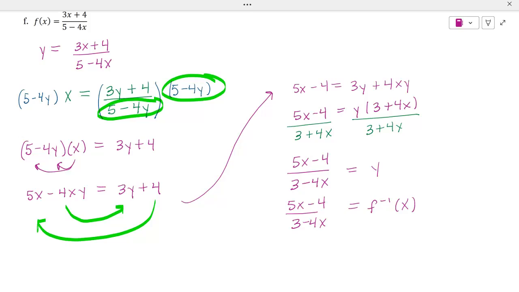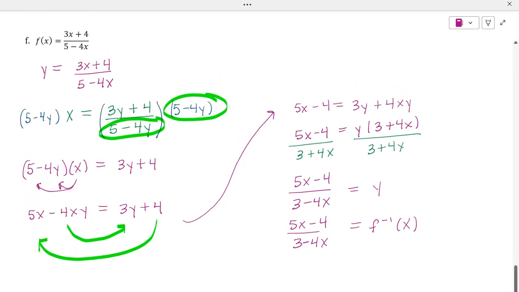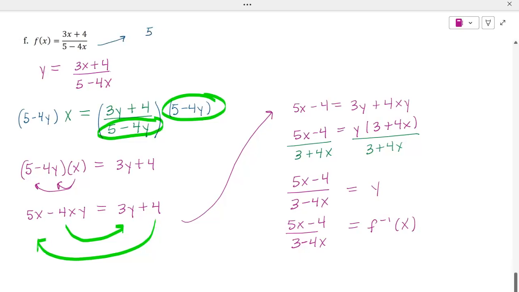All right, let's think about the domain and range issues here. The thing with rational functions is that we have asymptotes to consider, right? So looking at the original function, our denominator can't equal 0. So it looks like x cannot equal 5 over 4.